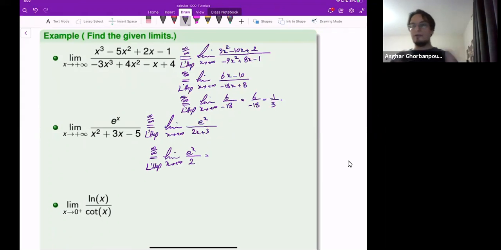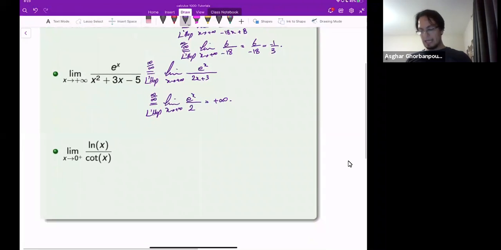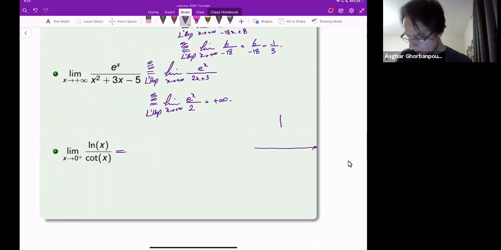If a number grows to infinity, half of it must grow to infinity as well. So this is plus infinity.